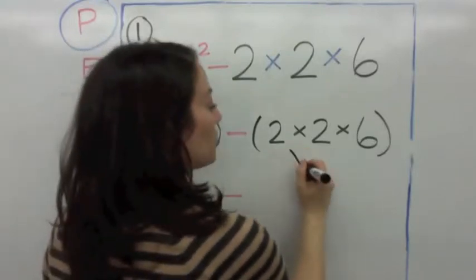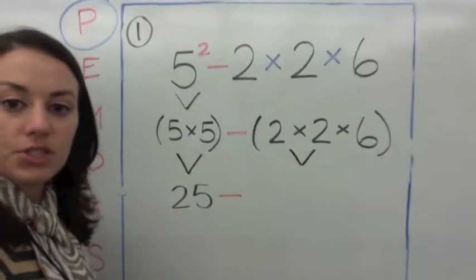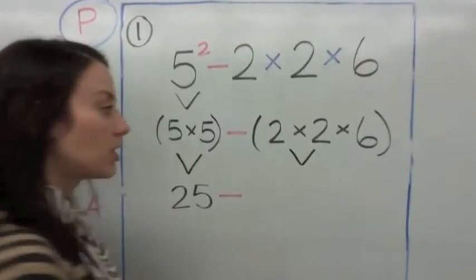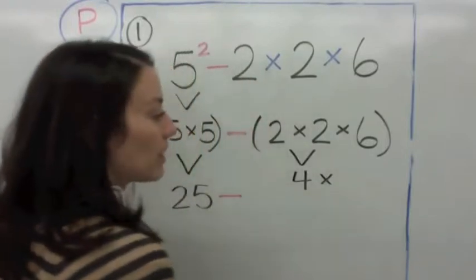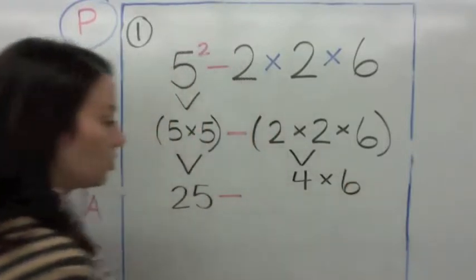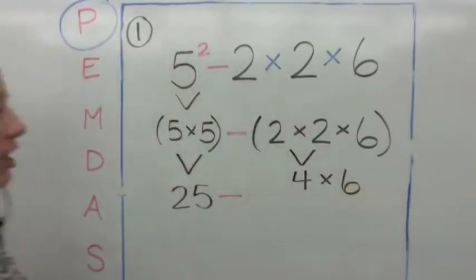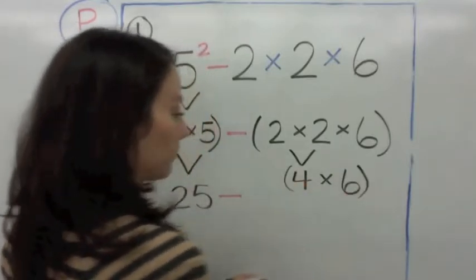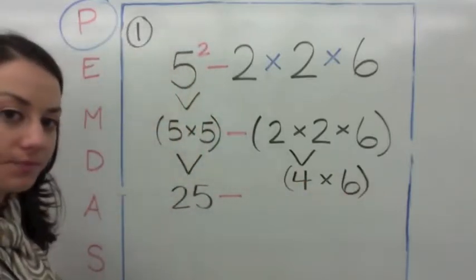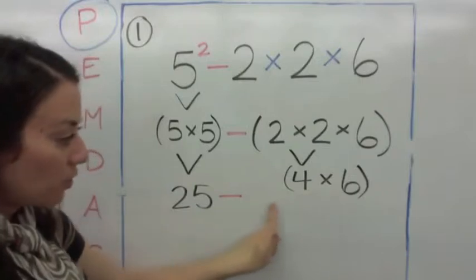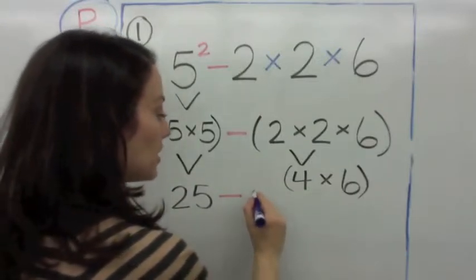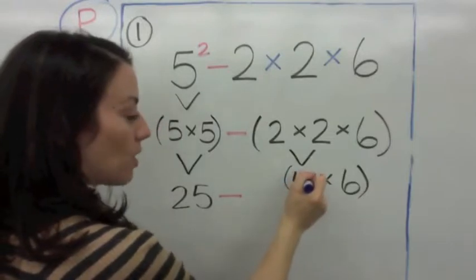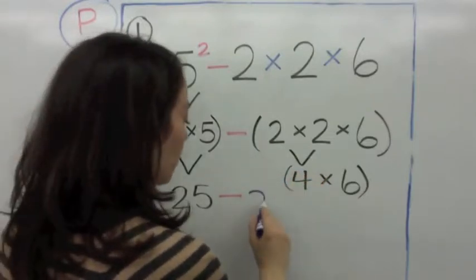What is 2 times 2? 2 times 2 is 4, then multiply that by 6. So it's 4 times 6. Are we good so far? 4 times 6 is 6, 12, 18, 24. It's 24.